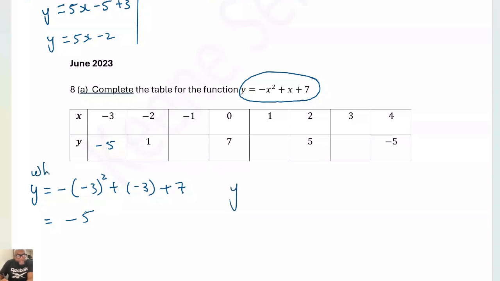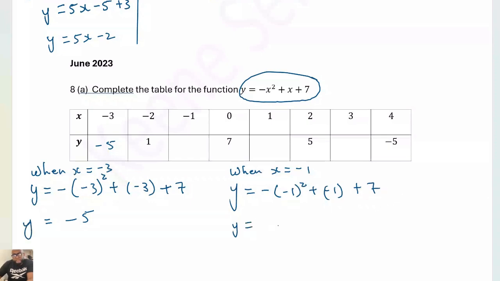So we could probably put on top here when x is equal to -3. Then we're going to do when x is equal to -1. So let's go. y is equal to negative of (-1) squared plus -1 plus 7. When you work this out, what do you get? 5, right?